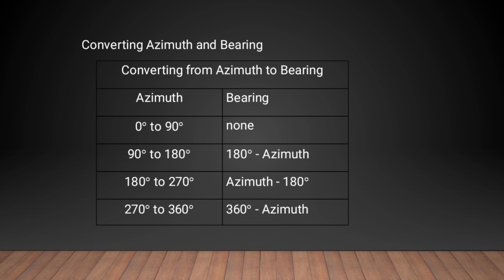And 90 degrees to 180 degrees, ang iyang bearing is 180 degrees minus azimuth. 180 degrees to 270 degrees, ang iyang bearing is azimuth minus 180 degrees. From azimuth na 270 degrees to 360 degrees, ang iyang bearing is 360 degrees minus azimuth.